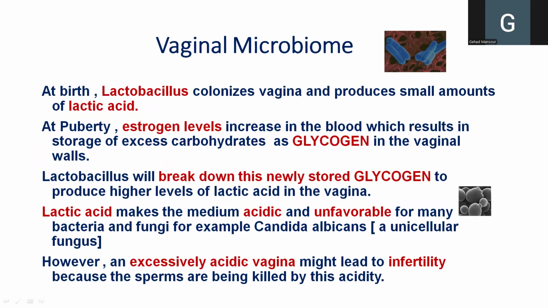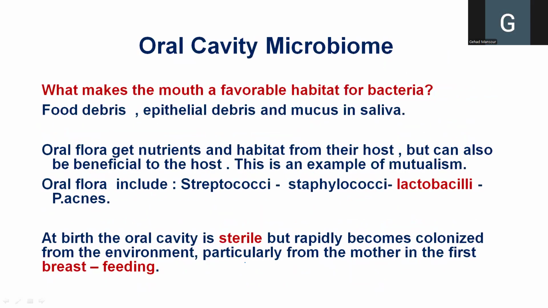If the acidity is more than needed, it results in killing of the sperms, and the acidity arises from lactic acid, and lactic acid arises from glycogen being broken down in the vagina, and glycogen increases when puberty starts because of estrogen. So it all starts by the estrogenic surge. I said it rapidly because we mentioned it several times before.